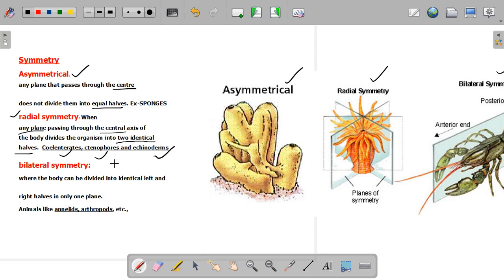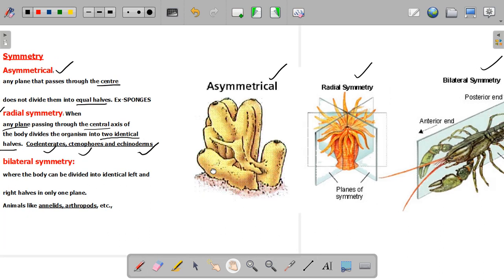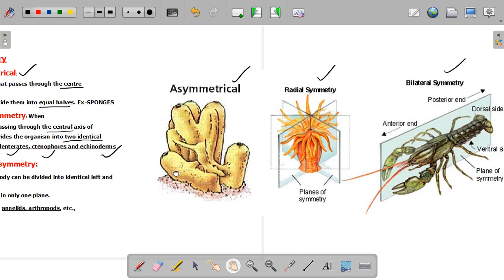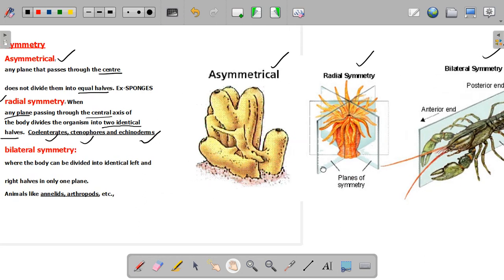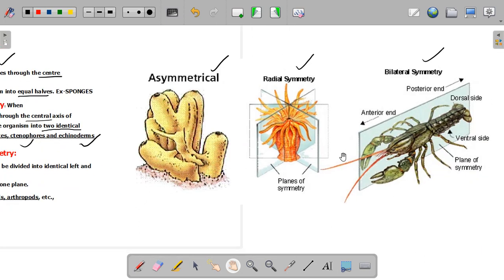And the last one, bilateral symmetry, where the body can be divided into two identical left and right halves by cutting with only one plane. Looking at this, you can see you are able to cut the organism into left and right parts by touching the center, and you get left and right parts by only one plane. So it's not that many planes.